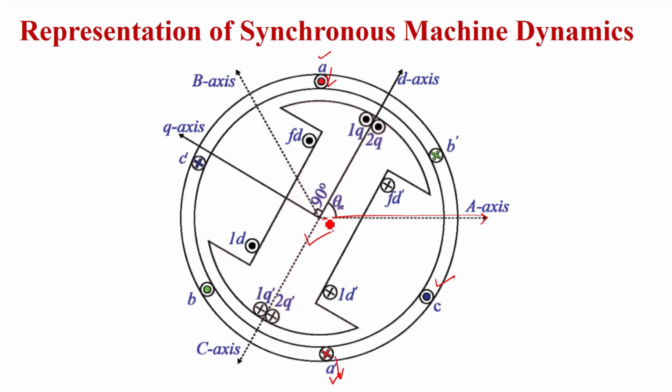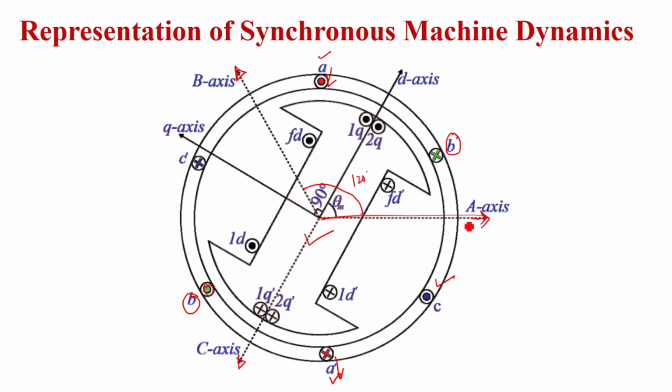Now the phase B winding, B and B dash, gives the magnetic axis here, the B axis, which is leading the A axis by 120 degrees. Similarly, for phase winding C, C and C dash, the magnetic axis will be here. This is the C axis.